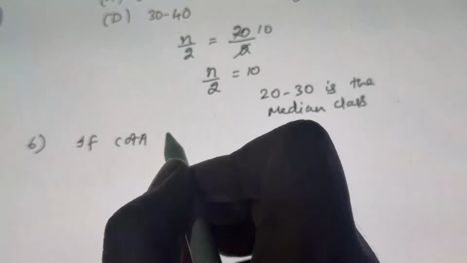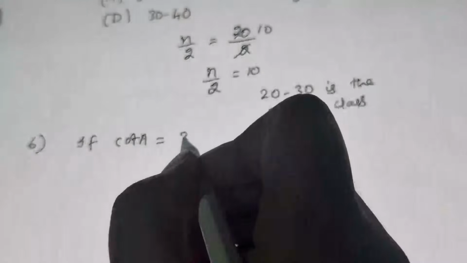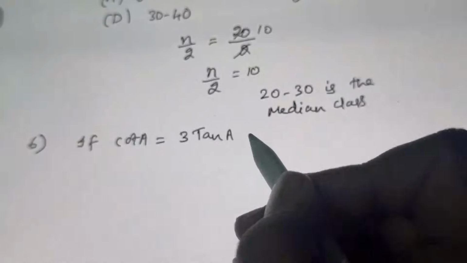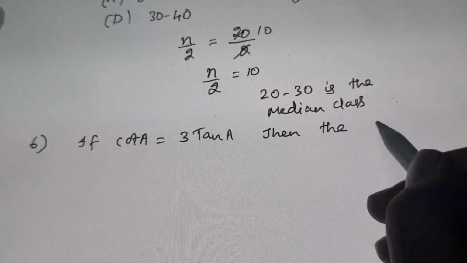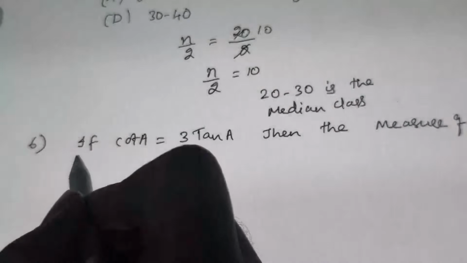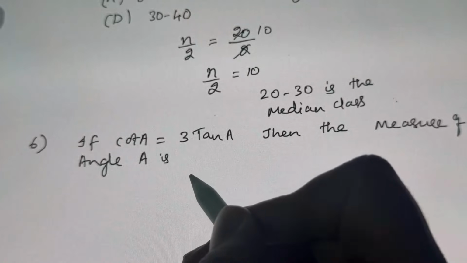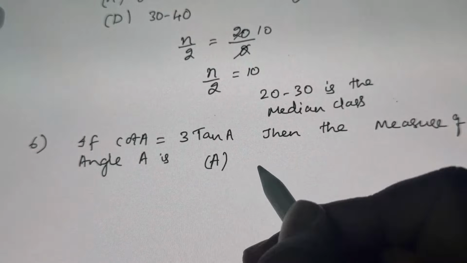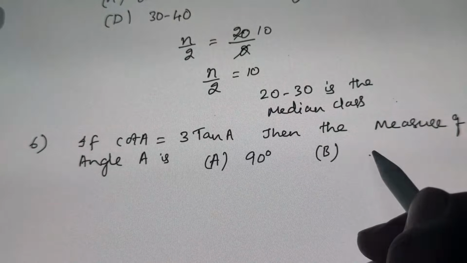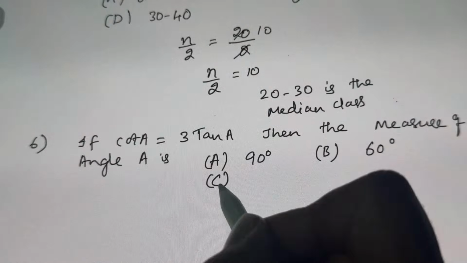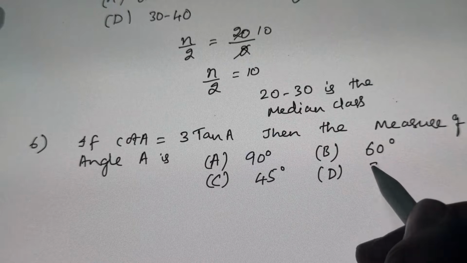If cot A is equal to 3 tan A, then the measure of angle A is: A 90 degree, B 60 degree, C 45 degree, and D 30 degree.